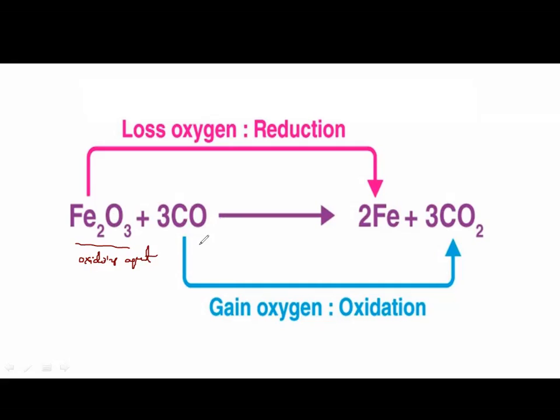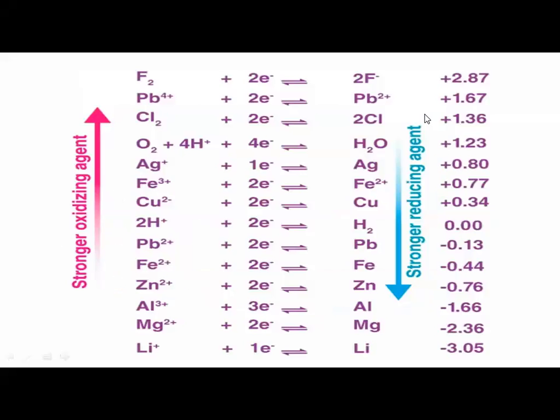It is giving its oxygen, and itself getting reduced because it is losing oxygen. So oxidizing agent means helps in oxidation, but itself gets reduced. Reducing agent helps in reduction, but itself gets oxidized.